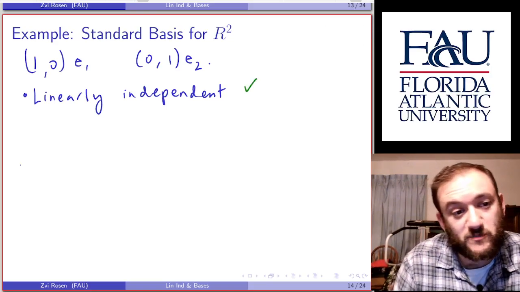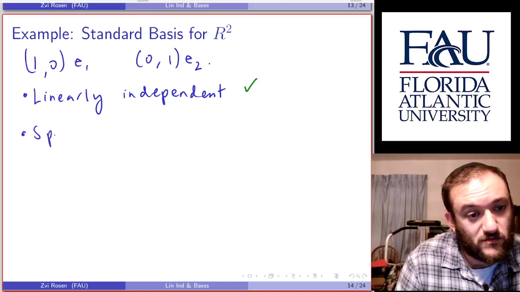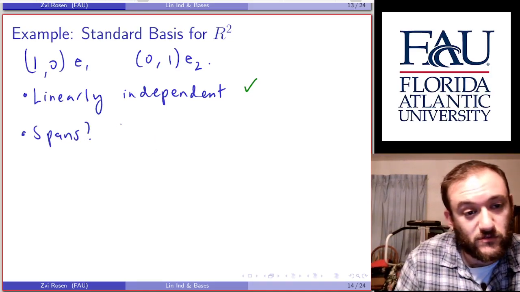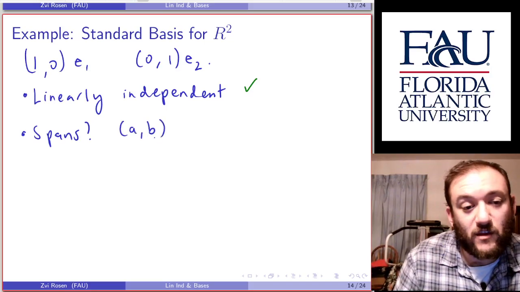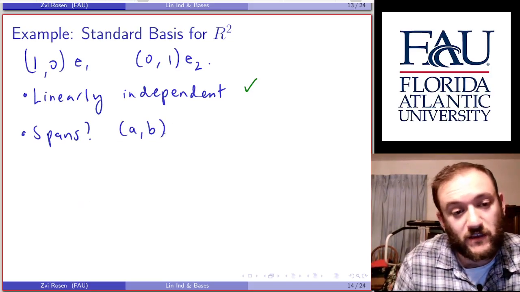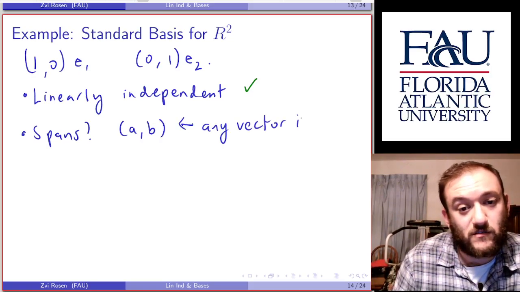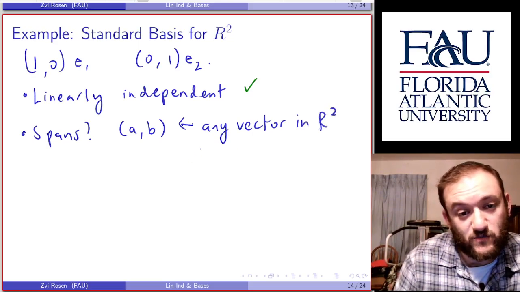How do we show that it spans? Well, consider any vector in R2. That can always be written in the form (a, b), right? So any vector in R2 can be written this way.